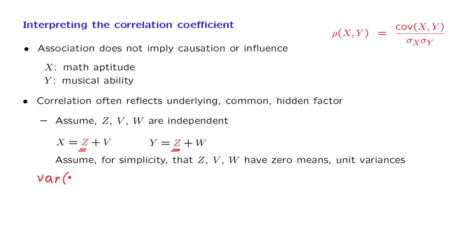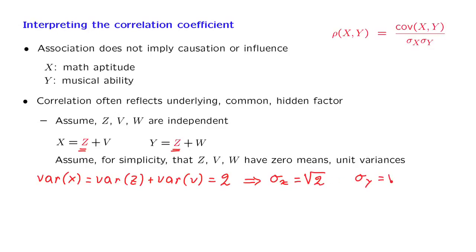Because x is the sum of two independent random variables, its variance is going to be the sum of those variances. And we have assumed that each one of those variances is equal to 1, so the variance of x is equal to 2. And that implies that the standard deviation of x is equal to the square root of 2. By a similar argument, the standard deviation of y is also equal to the square root of 2.